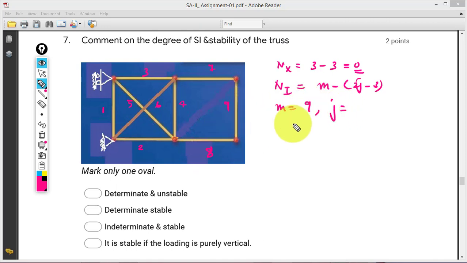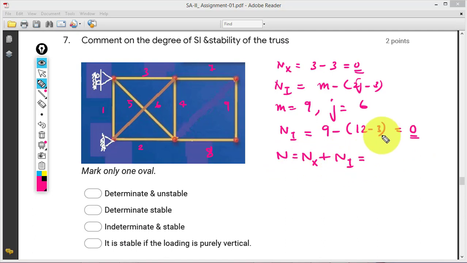The number of joints is 6. So internal static indeterminacy is 9 minus 9, so this is 0. And the total static indeterminacy of the structure is nx plus ni, so 0 plus 0, so 0. So this truss is statically determinate.